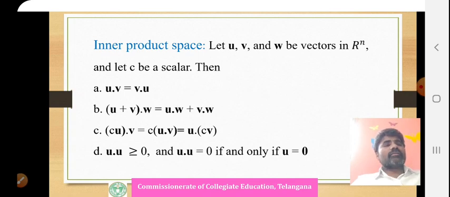Therefore R^n, R cube, R square are inner product spaces.